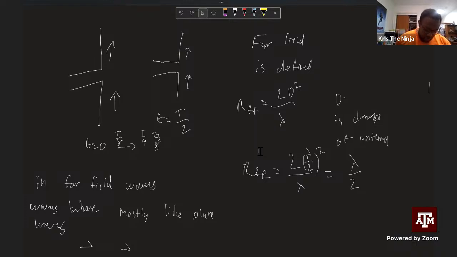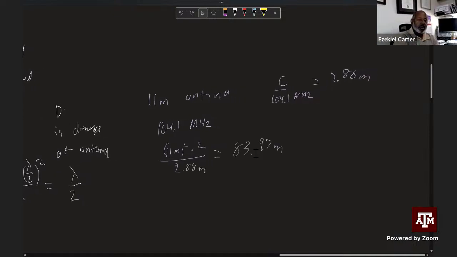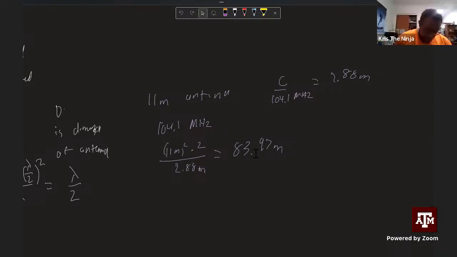If we do lambda over 2, I'm trying to see how this works. Oh, y'all can't even see it. There we go, here are the numbers. I'm trying to see how this works out exactly. 2 times lambda over 2 squared over lambda. 2 times lambda squared over 4 over lambda.